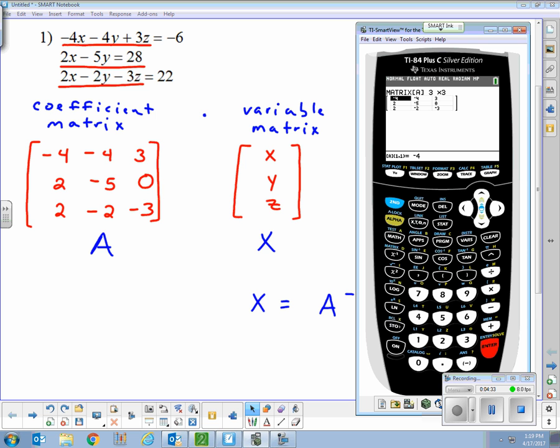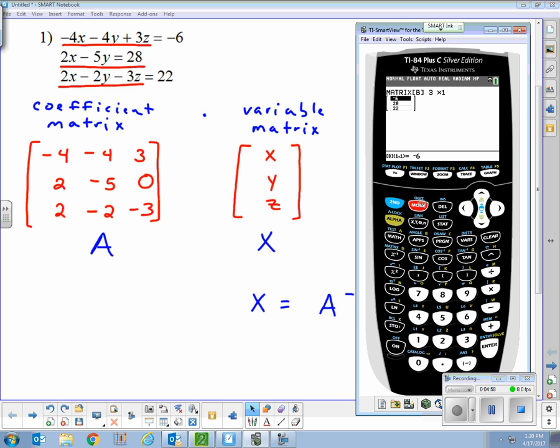I'm then going to go back to my matrix menu because it automatically saves that in there, and I'm going to edit matrix B. It's going to be 3 rows, 1 column, and it's just constants, -6, 28, and 22.